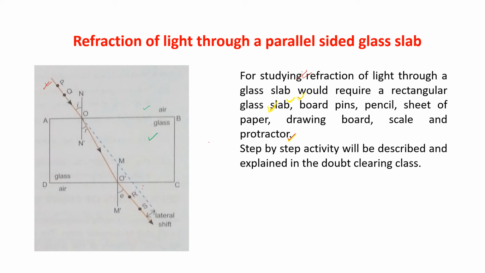So for this DC line, O dash is the incident line, and let us suppose here, let me give some name, X. So O dash X is the emergent line, known as the emergent ray. Now it is again coming from glass to air, that means denser to rarer, so it will bend away from the normal. So this ray is coming here.